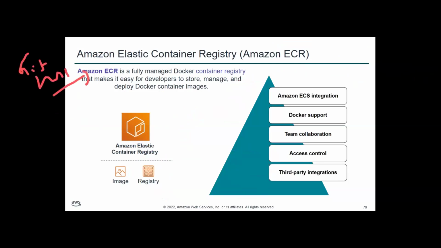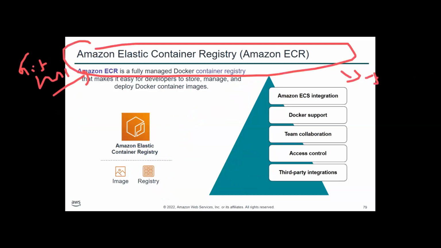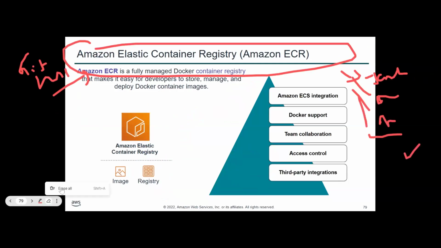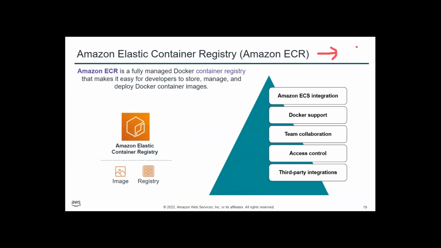GitHub stores all the code, and from GitHub I can send that code to Jenkins or Docker or AWS or anywhere. Similarly, ECR will store all the images and keep them. Whenever you want, it will take and give it.